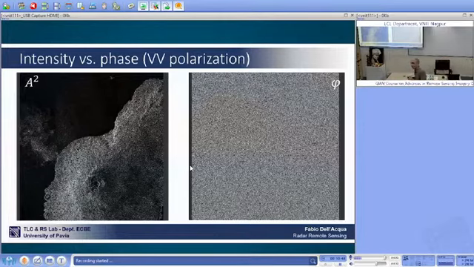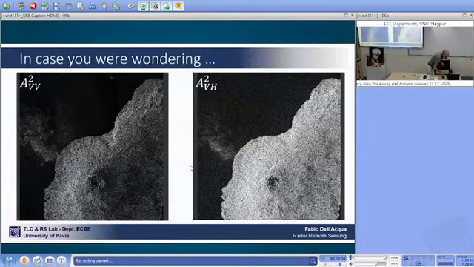Why is that relevant? It is relevant because then you make a second measurement, which you can see here, which is VH. What is VH? It's a second measurement. I still shoot it out, I mean, I'm considering the same illuminating impulse, so it's still vertical.